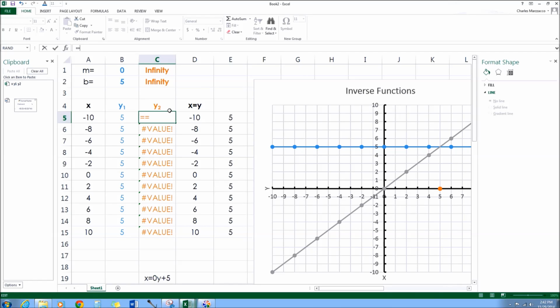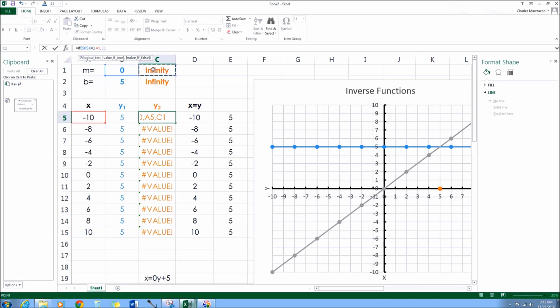If this equals 0, F4, you put minus 0, then this. And if not, then it's this.